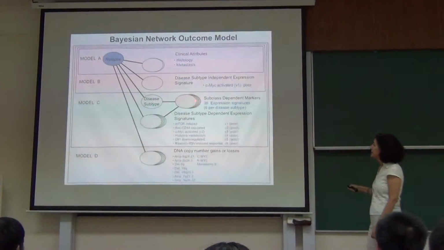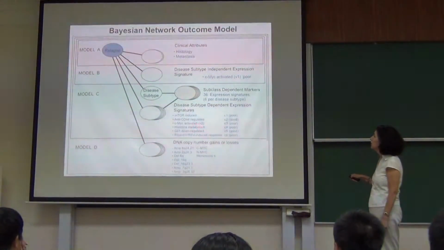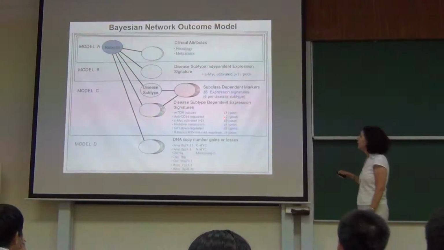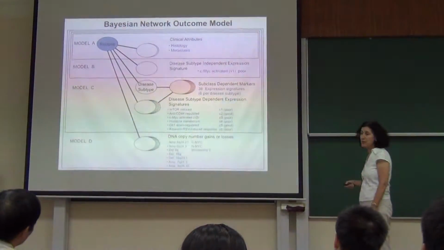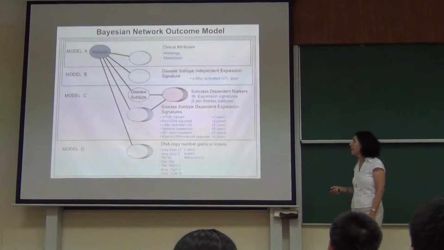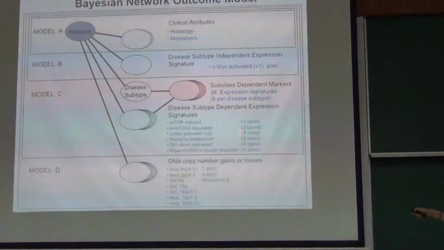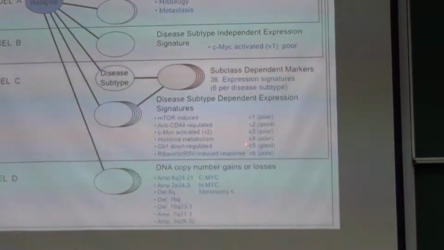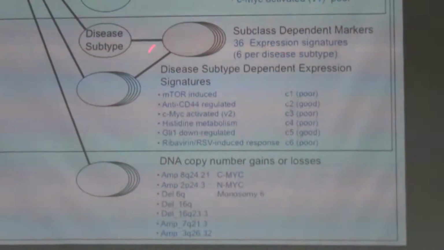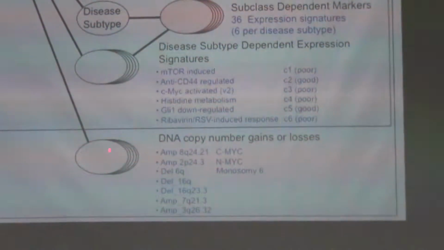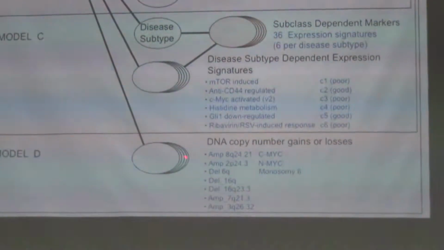Then we add disease subtype dependent expression signatures. So these are the poor and good outcome signatures that are related to each of the subtypes. So one for subtype C1, one for C2, one for C3, one for C4, one for C5, one for C6.